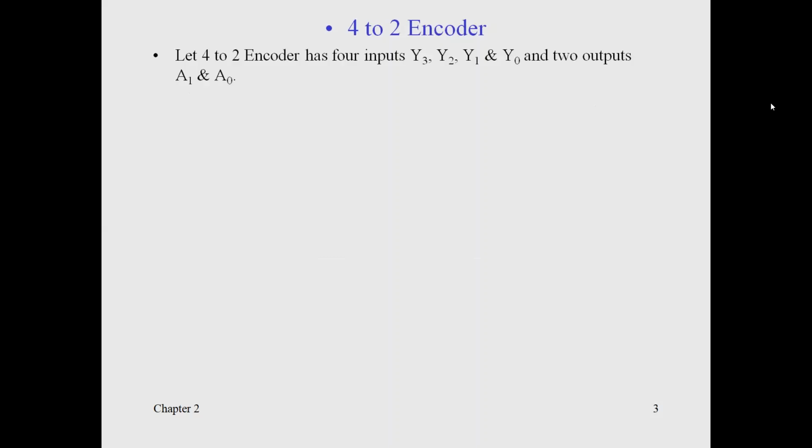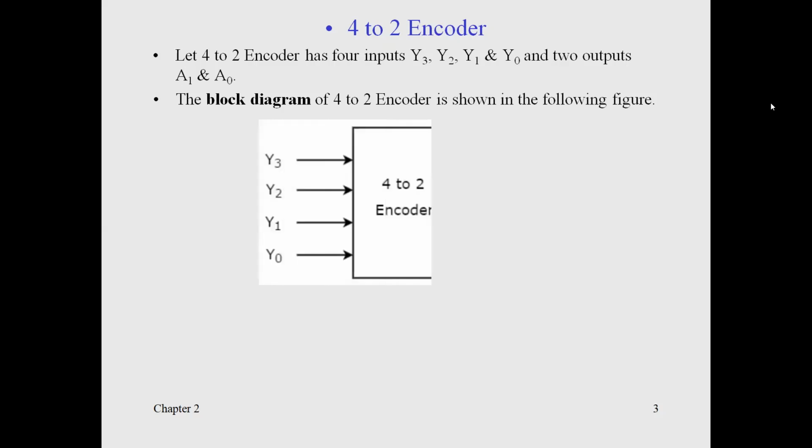Now let 4:2 encoder has 4 inputs, Y3, Y2, Y1 and Y0, and 2 outputs, A1 and A0. So the block diagram of 4:2 encoder will be like this.